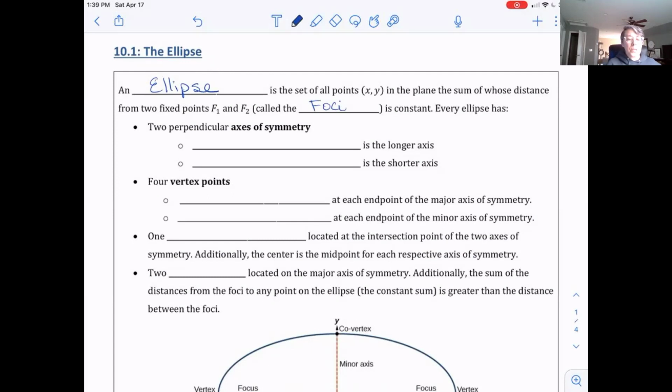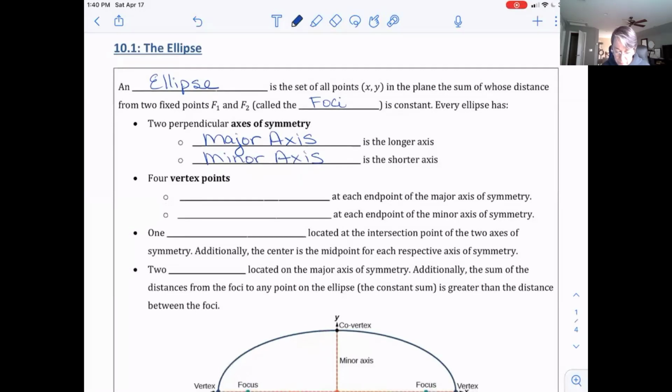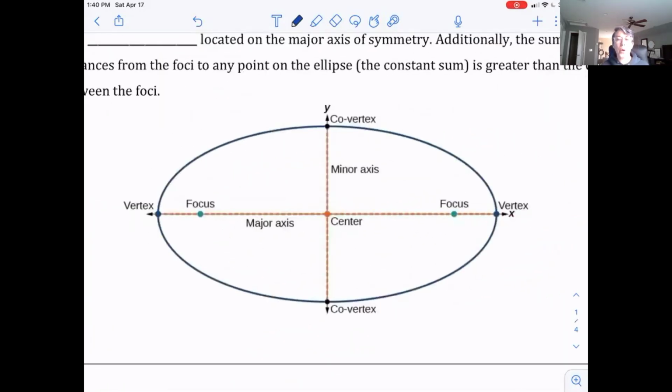So every ellipse is graphed using two perpendicular axes of symmetry. The major axis is the longer axis, and the minor axis is the shorter axis. As we look at this picture below, the major axis in this ellipse is going left to right, and the minor axis is the one going top to bottom.